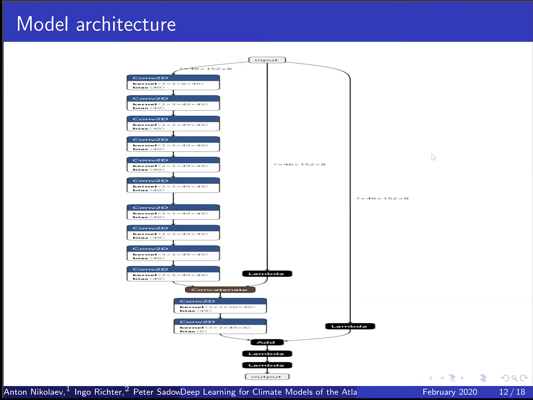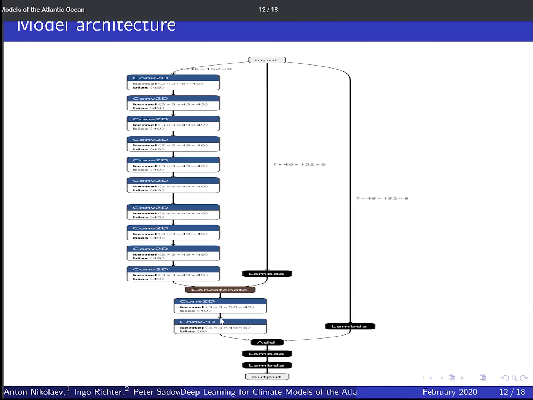And we came up with this architecture that has a bunch of convolutional layers, and then it does a trick similar to a UNet when it concatenates the input again as another layer and passes it to the next network, which is shallow compared to the first one.